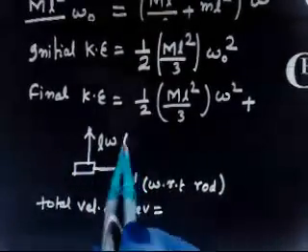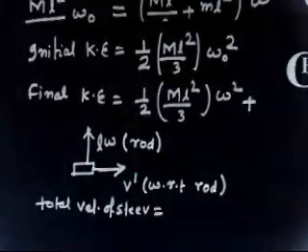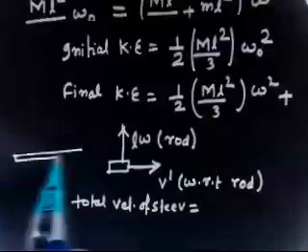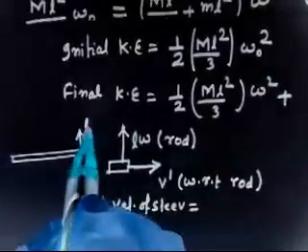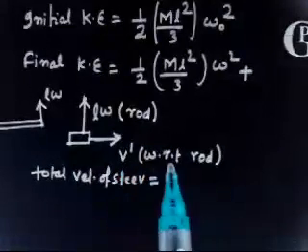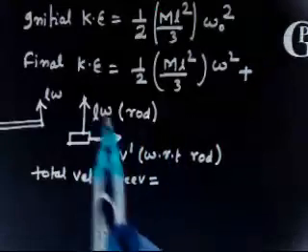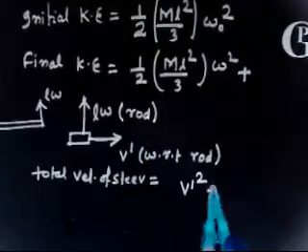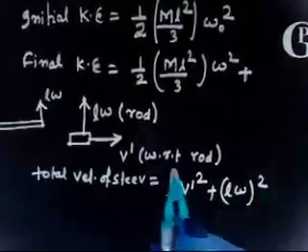So this is the velocity of the rod. The rod will have L omega velocity at this end. So I have to take the total velocity: the velocity of the sleeve with respect to the rod, plus the velocity of the rod with respect to the ground. So the total velocity is the vector sum of these two. So I will have simply square root of V dash square plus L omega whole square.